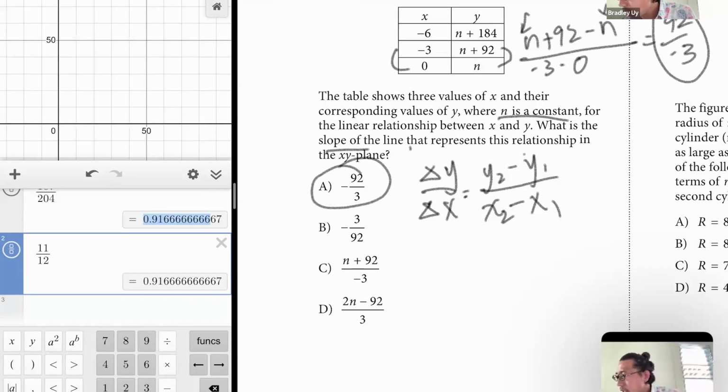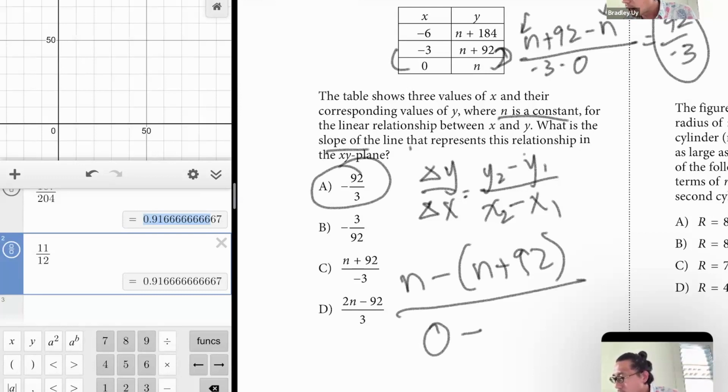Notice if you went the other way, n minus n plus 92 in parentheses, over 0 minus -3 for the change in x, because you need the minus in the operation of slope, you would get the same answer.